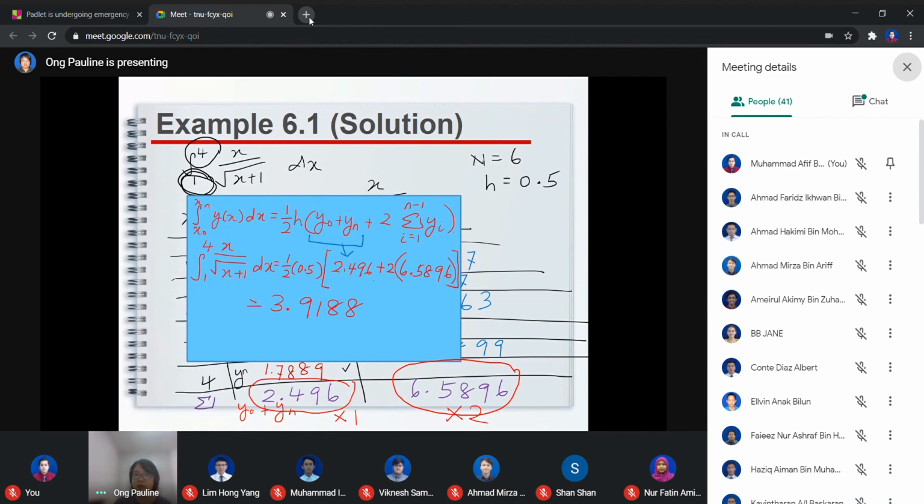The summation of yi, the intermediate values, is given by the 6.5896, which we already separated out here. This is the reason why I separated it into two columns straight away, to make the calculations easier. So this is the solution for the trapezoidal rule.